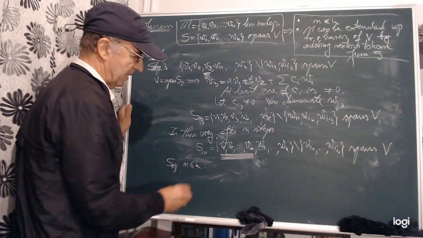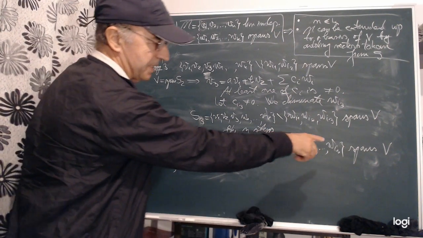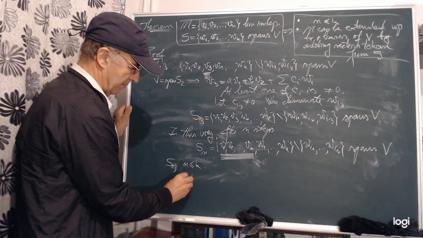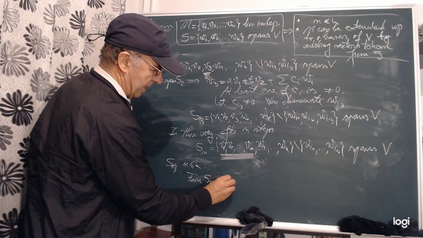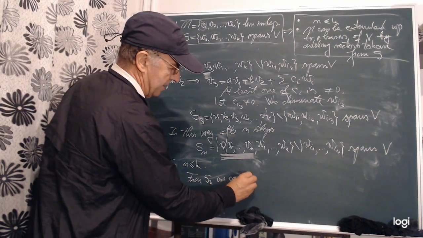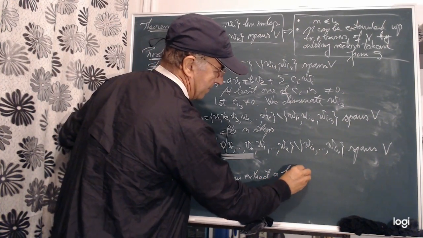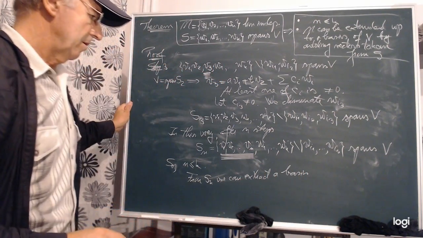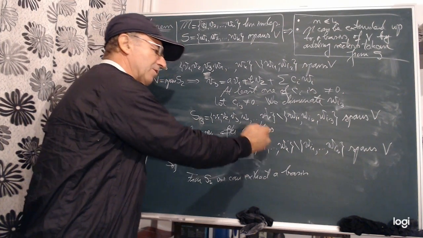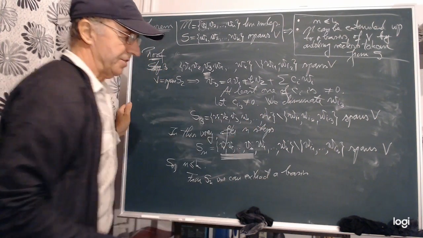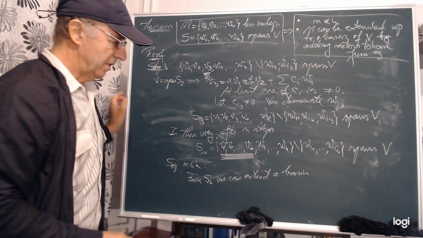And from Sn, which spans V, we can extract a basis by eliminating each vector which is a linear combination of the vectors written before.